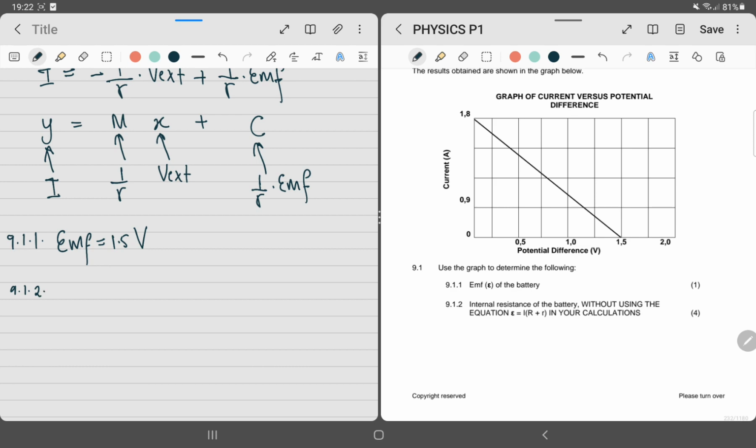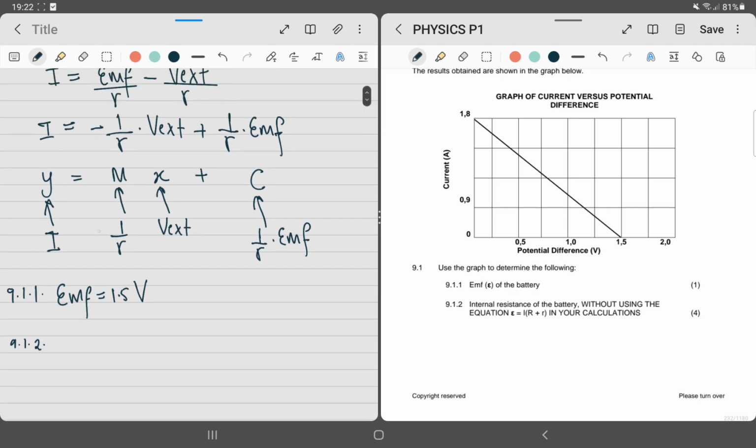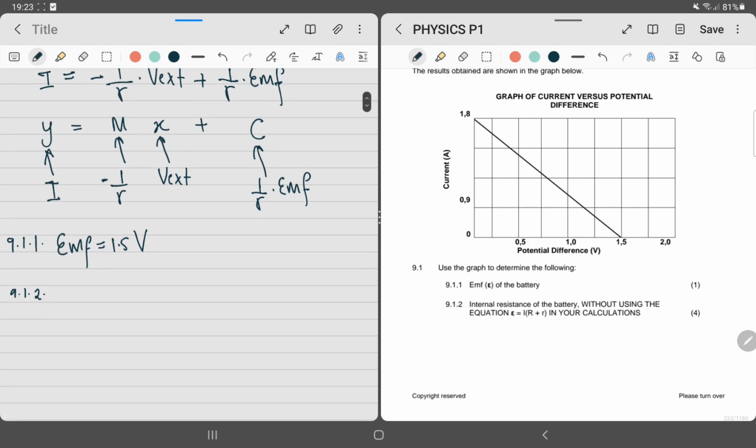9.1.2. We need to use the graph to determine the internal resistance of the battery without using that equation in our calculation. So the gradient should be the negative inverse of the internal resistance. Our gradient should be equal to the negative of our internal resistance. So this is the change in current over change in potential difference.